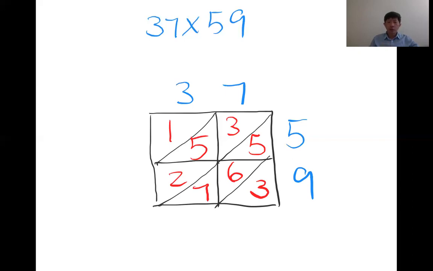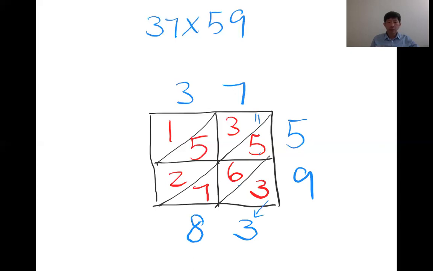So now we want to add up the totals, right? This way, 3. Okay, 3, put it down there. 5 plus 6 plus 7, how many? That would be 18. So 18, put 8, remember 1 there, right?